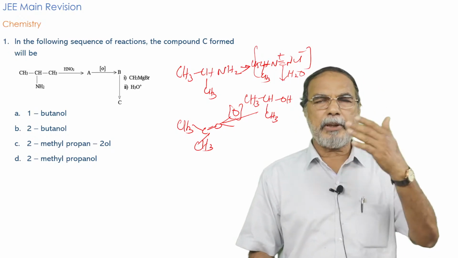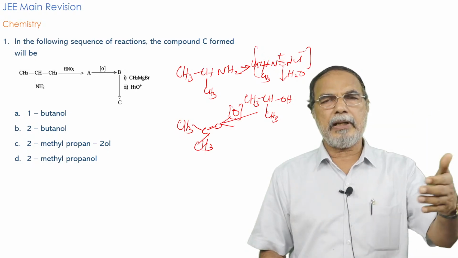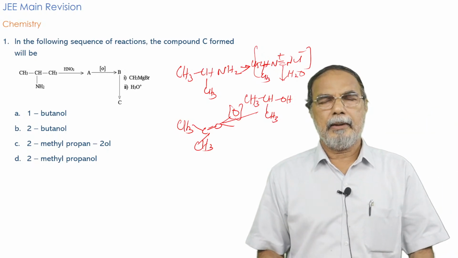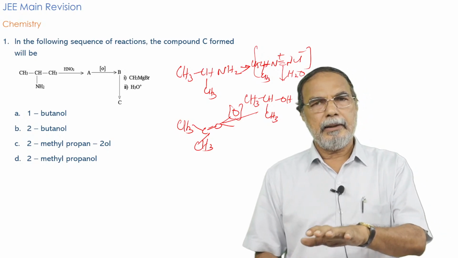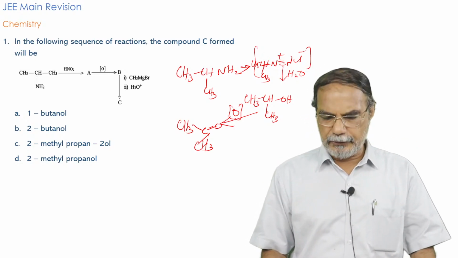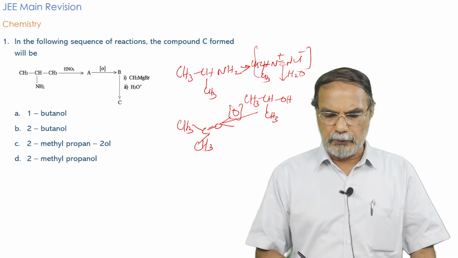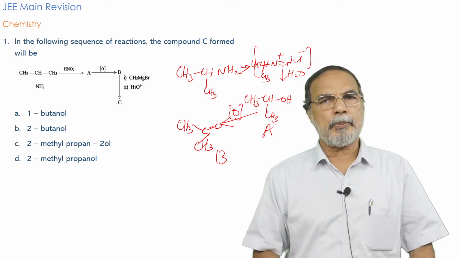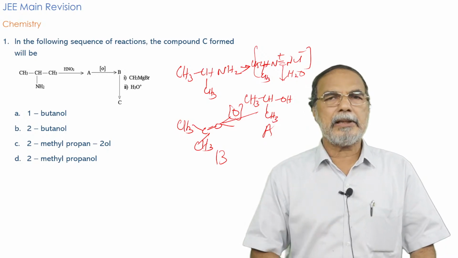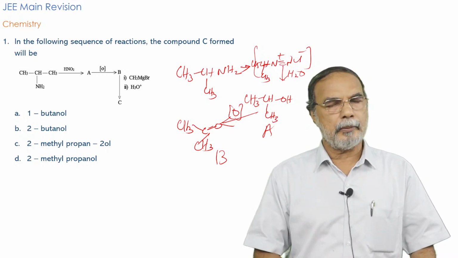If it were a primary alcohol, then it would have given an aldehyde as a product. The primary alcohol on oxidation gives an aldehyde. A secondary alcohol on oxidation gives a ketone. So in this case, the product is a ketone. So that's the product B. The product A is isopropyl alcohol, and the product B is acetone, a ketone.